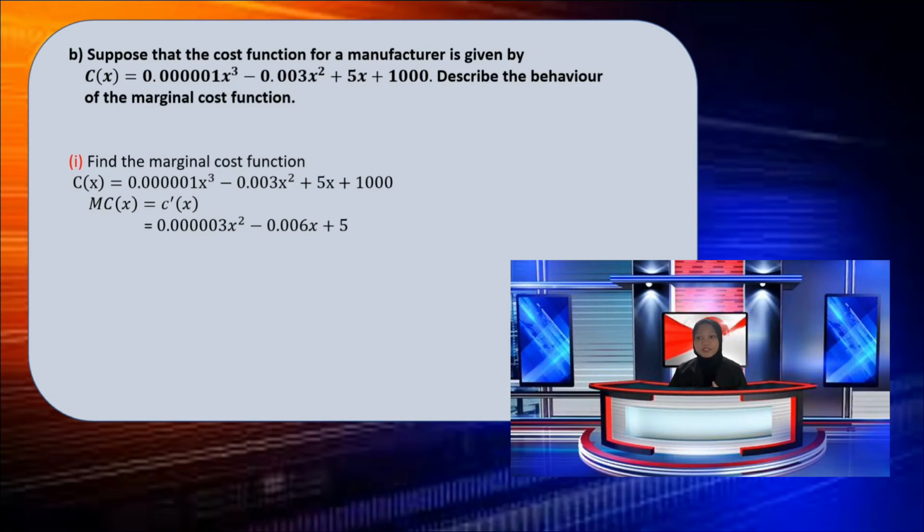Number 1. Find the marginal cost function. To find the marginal cost function, it must equal the first derivative of the C(x) function. So the answer, we get 0.000003 x squared minus 0.006 x plus 5.